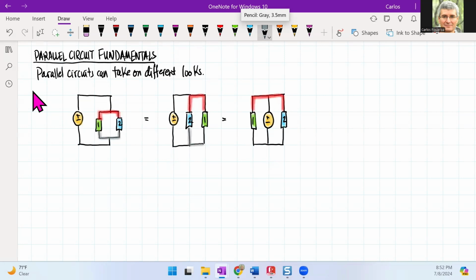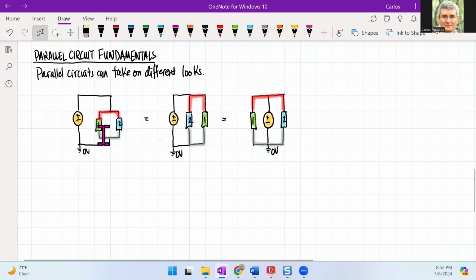All of these in red and gray are the exact same combinations. If I was to do this properly, I would be putting in my ground wherever the battery is. Those are all identical.